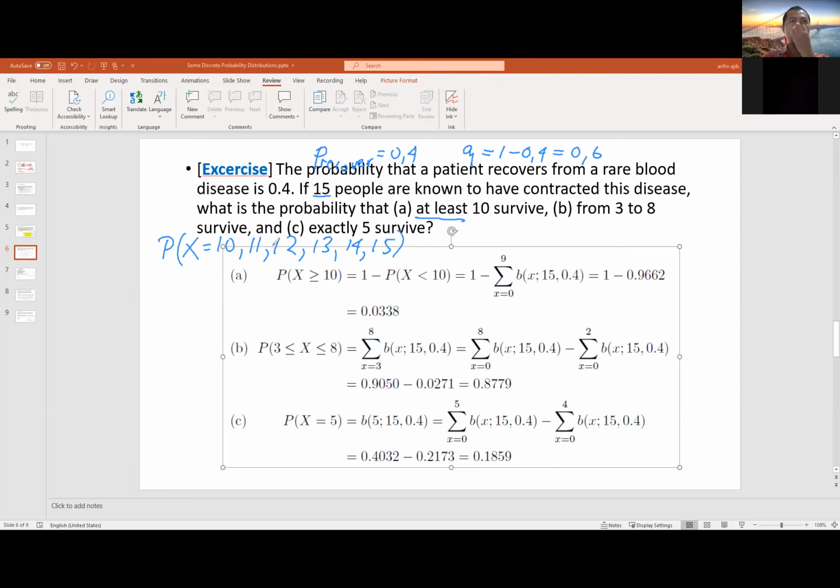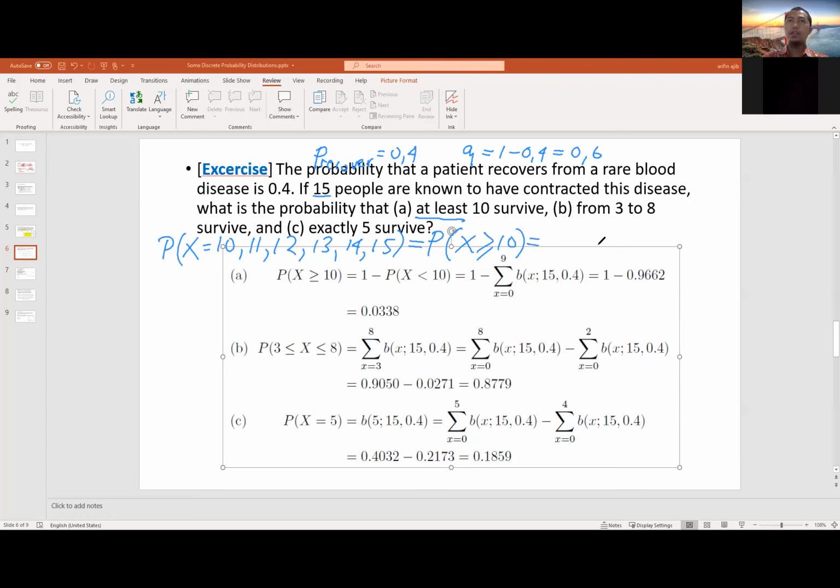How about 9? 9 is not possible because of at least. So we should clarify this point. Because of at least, we write the mathematical expression X greater than or equal to 10. Until this, I hope it is clear.